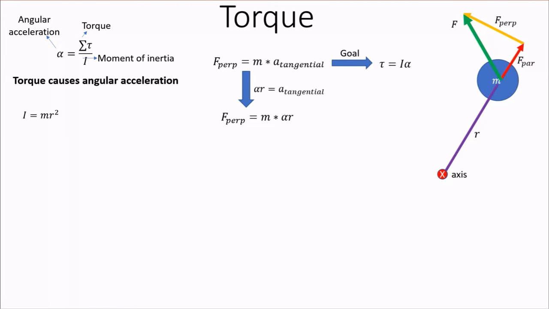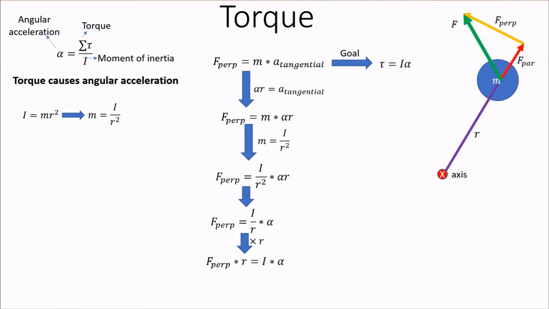So let's solve this for mass so that we can sub it into the mass in our equation. We get I divided by r squared, and we just put that into our equation. Now r divided by r squared is just going to be 1 over r. Now let's move that r over to the other side. Great! Now we have I times alpha on one side, so the other side must be the torque.